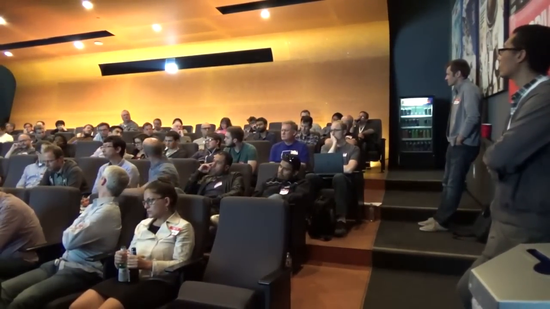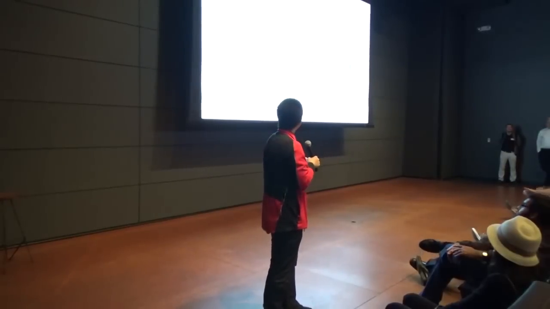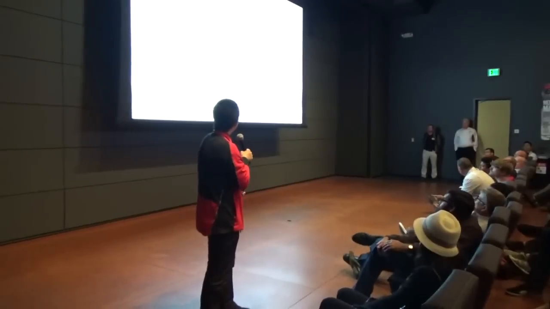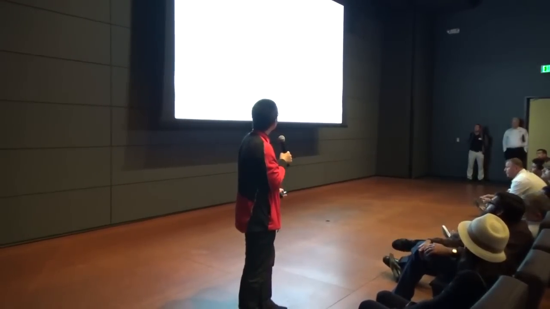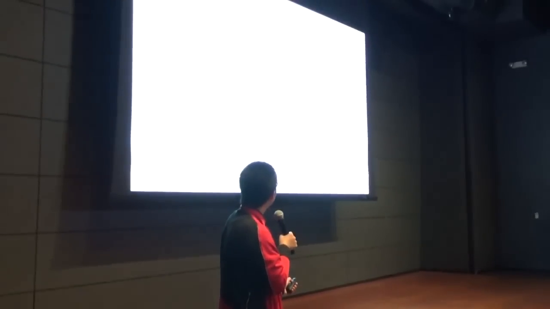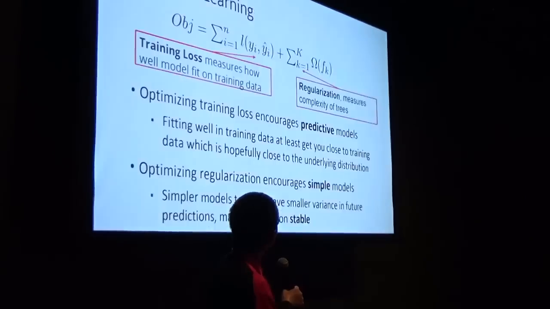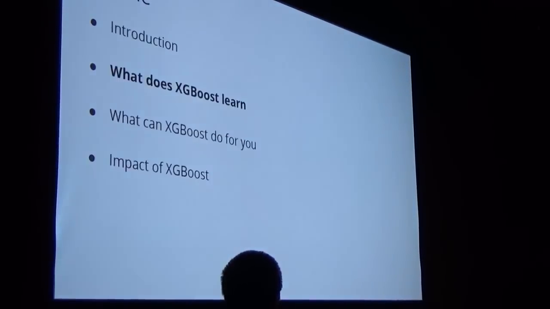Do you have some benchmarks for the performance related to the depth of the tree compared to other libraries like scikit-learn? I think we have the comparisons with scikit-learn in the very beginning. There it is.